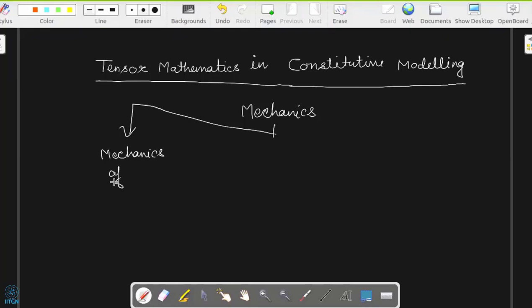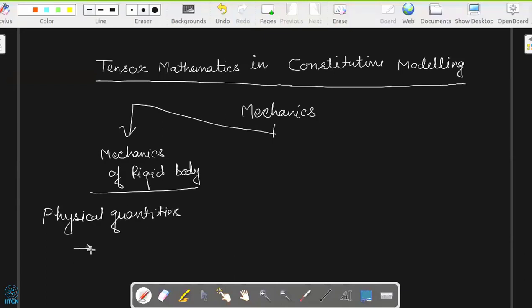From here we started studying mechanics, and if you recall, you have seen various physical quantities in this course: mass, density. These are physical quantities you are familiar with.